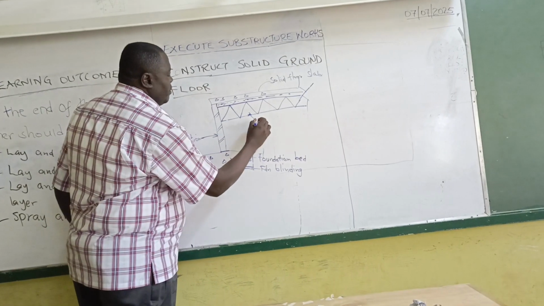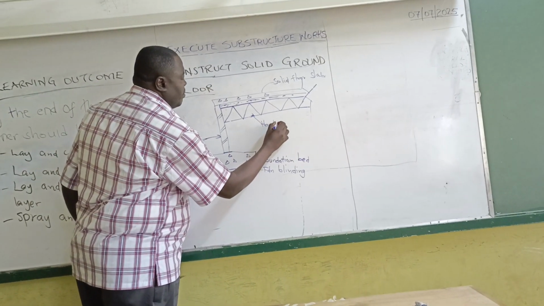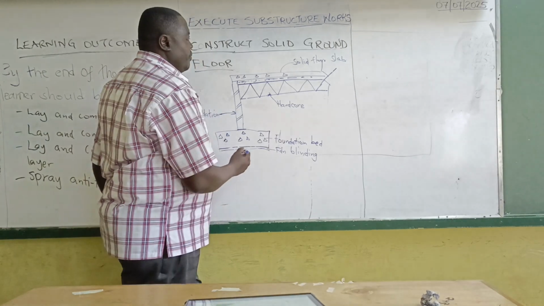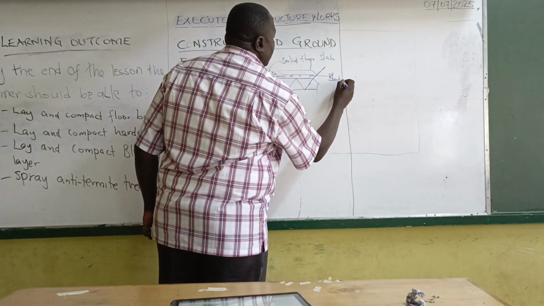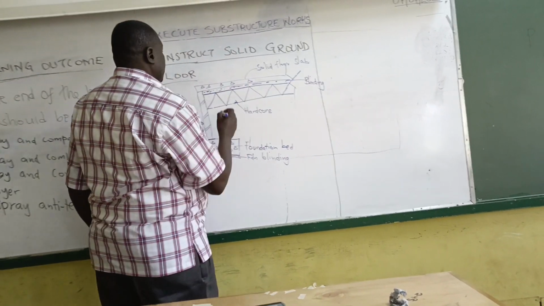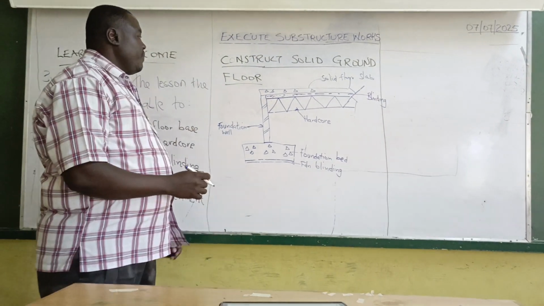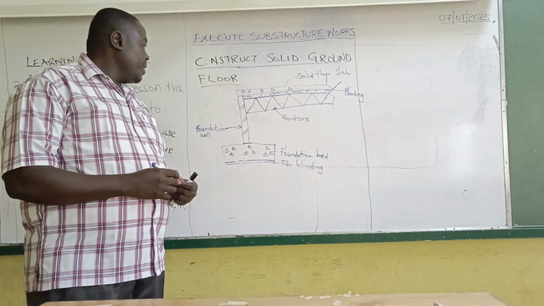This is the undercore. This is the blinding. While this one is the floor slab.